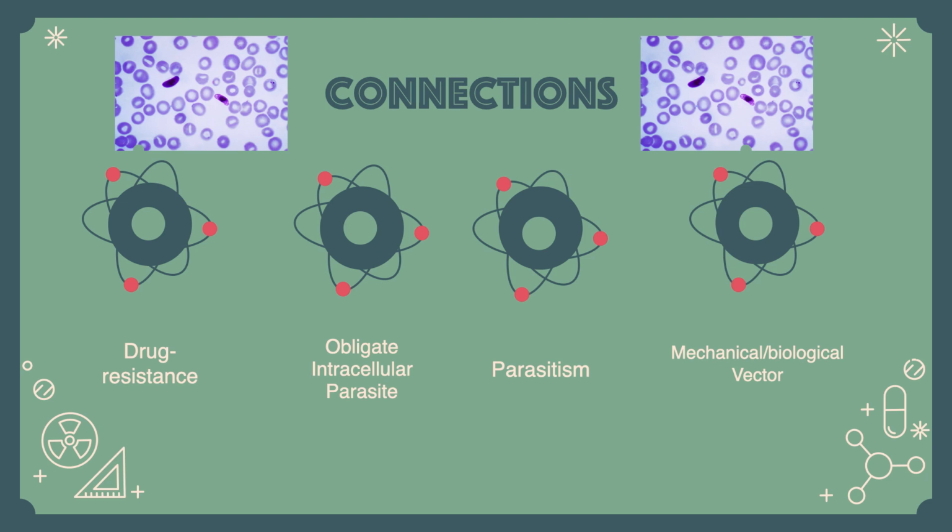was mechanical versus biological vectors. So in this particular one, the mode of transmission was the Anopheles mosquito, and the mosquito was an example of a biological vector, which, as I discussed, is something that is usually carried inside something rather than outside of something.